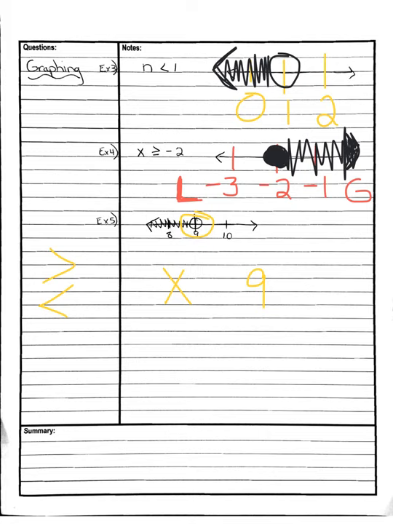And so, if we look at this, it has been shaded to the left, which means 8 is part of the solution, which means it's less than. So X is going to be less than 9. And that's it. You're done. You were able to write the inequality.